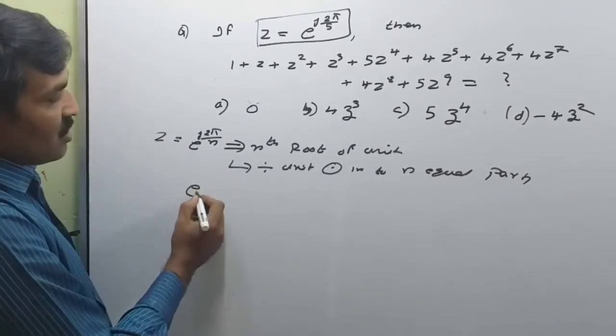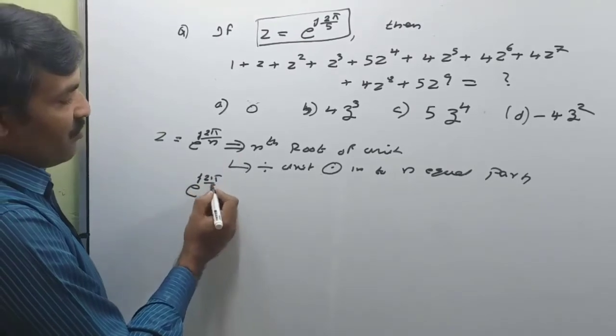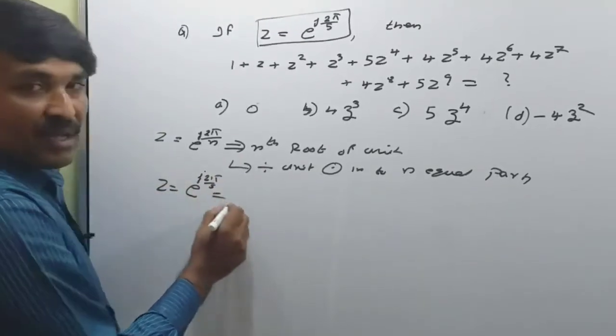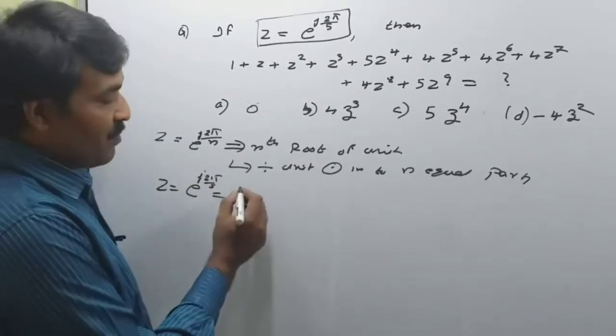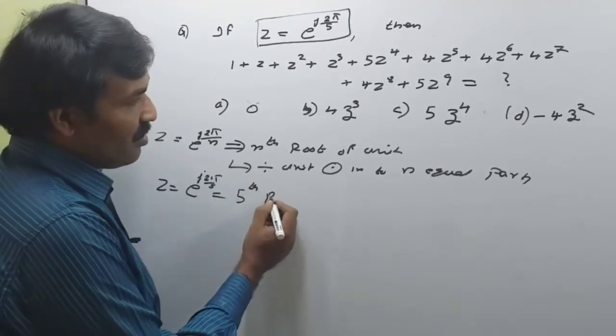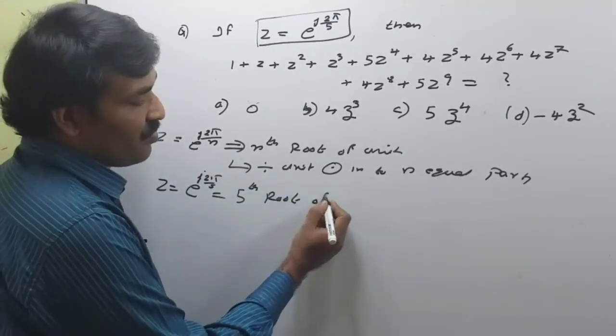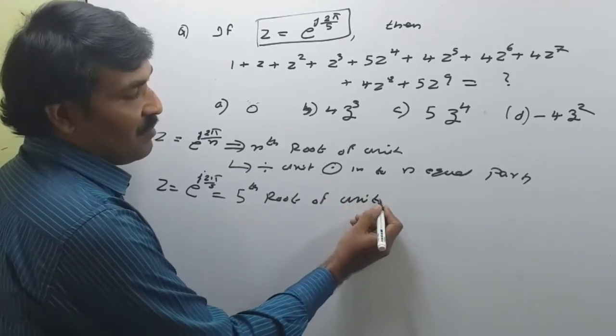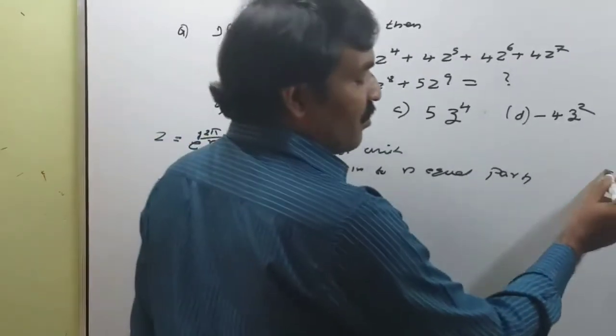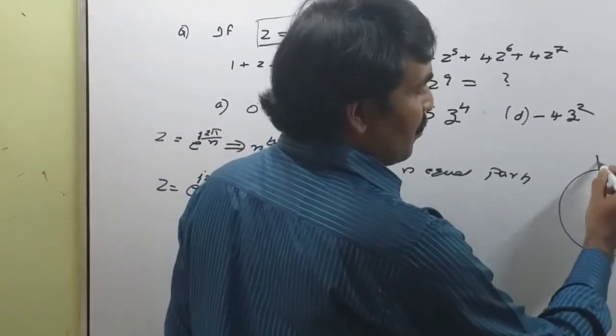So e raised to j 2 pi by 5, z, is the fifth root of unity. Fifth root of unity will divide the unit circle into 5 equal parts.